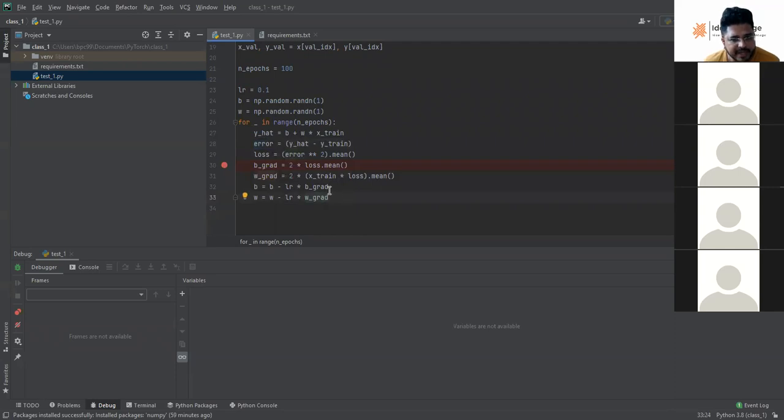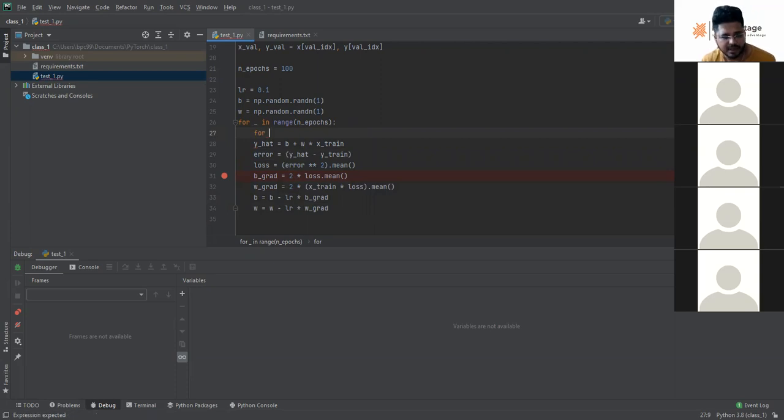But here, if I would have put one more loop here, and in that loop I would have taken a small batch from x_train, then it would have been batch gradient descent. Okay.